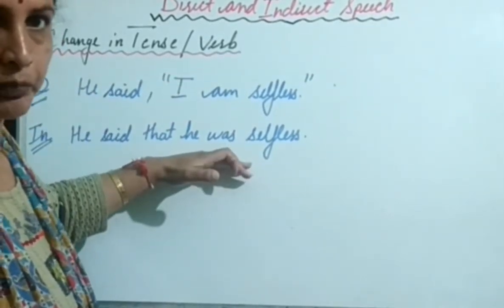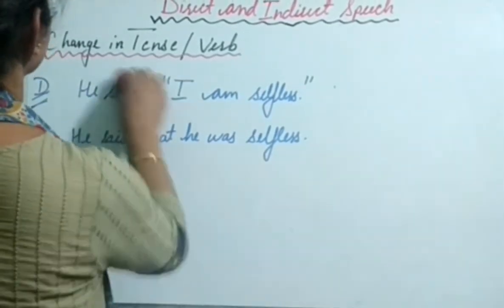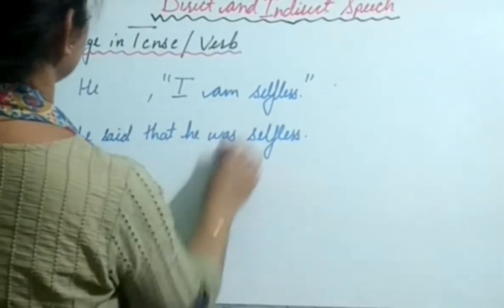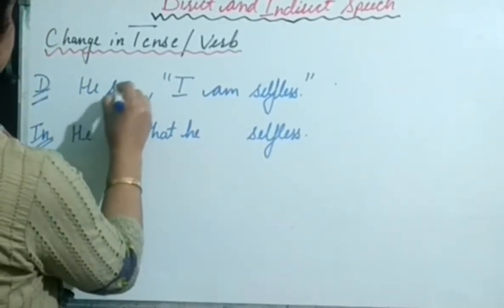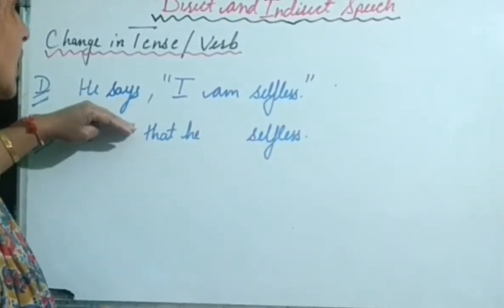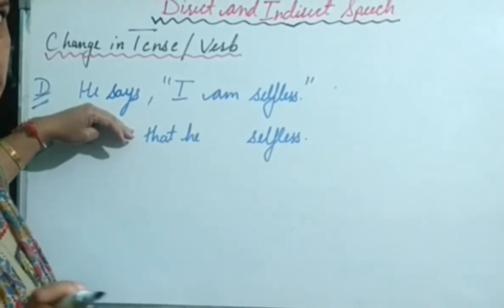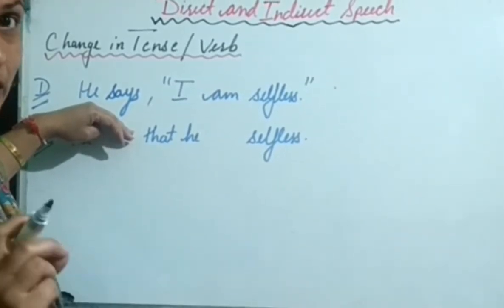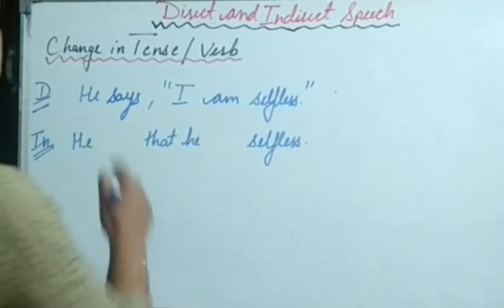Only at that time. Suppose our reporting speech is in present tense: says. This is in present tense. So at that time changes do not take place. It remains the same in indirect speech. The tense does not change.